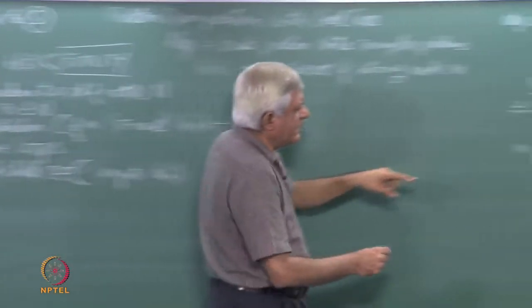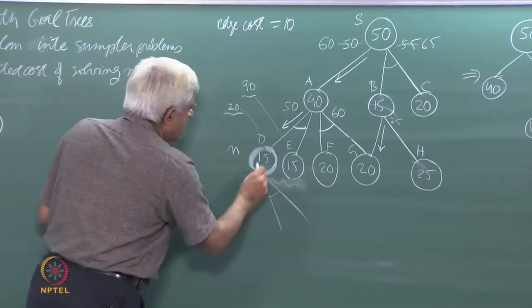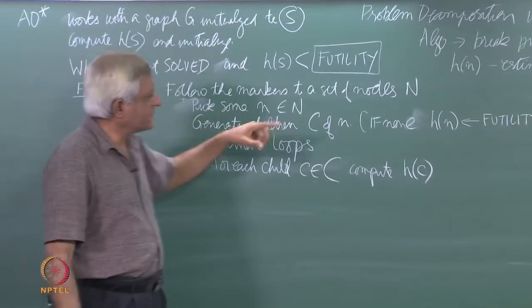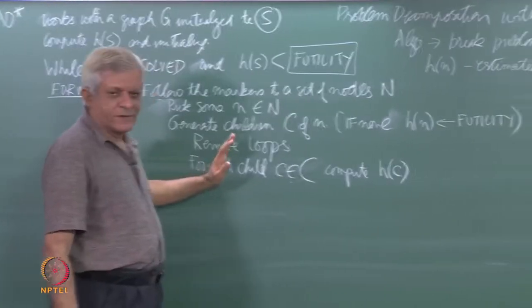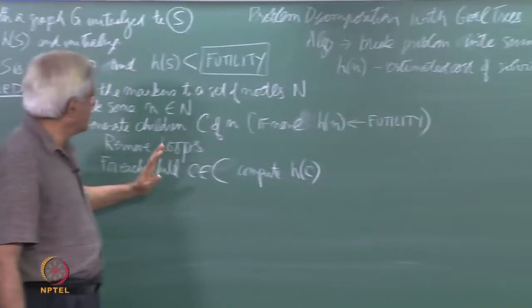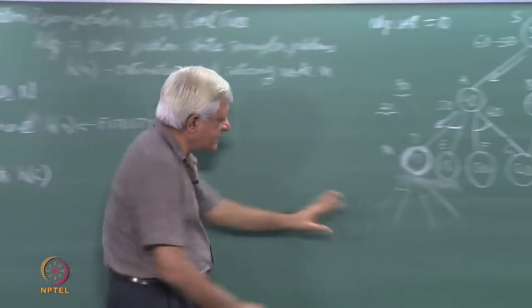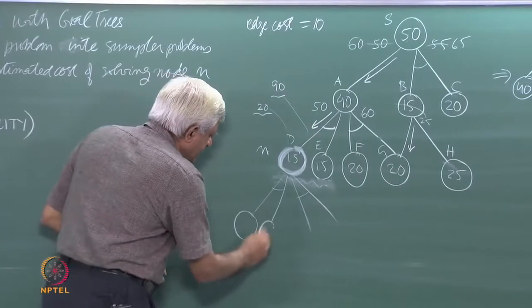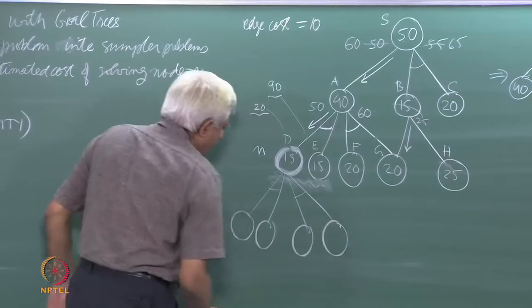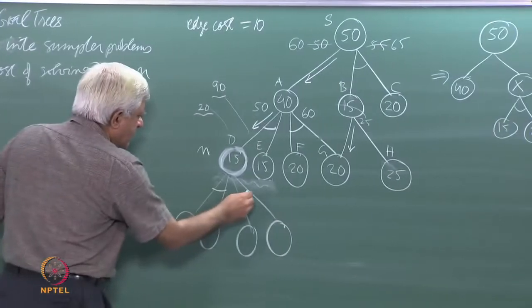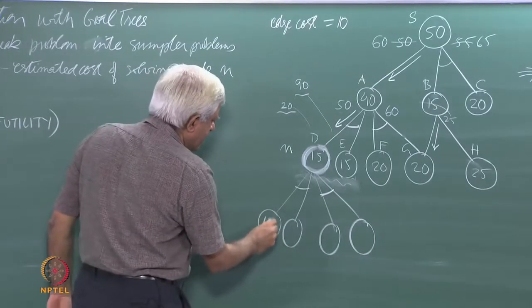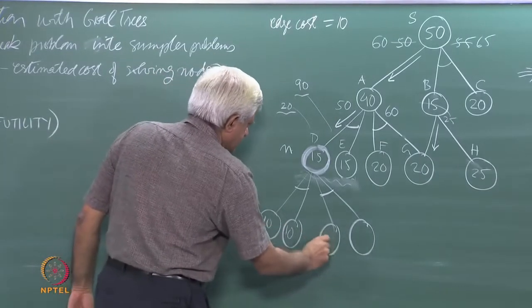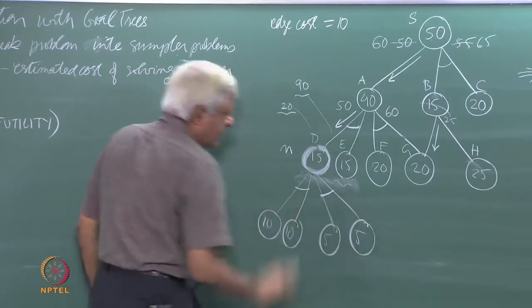So, in this example n is these two nodes D and E, then I say pick some node n from this set, I have picked D from there, and then I generate the children of this. So, this is my set C, and these are the values. So, let us say I have two choices for solving D, and let us, for argument's sake, say that each of them is 10 and this is 5 and 5.